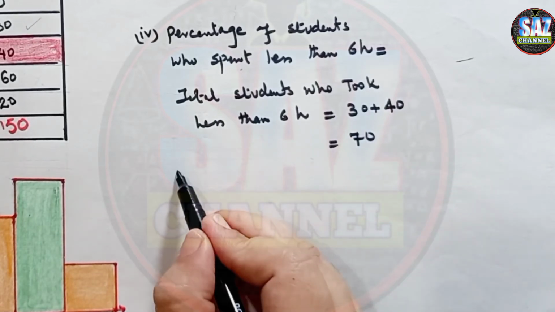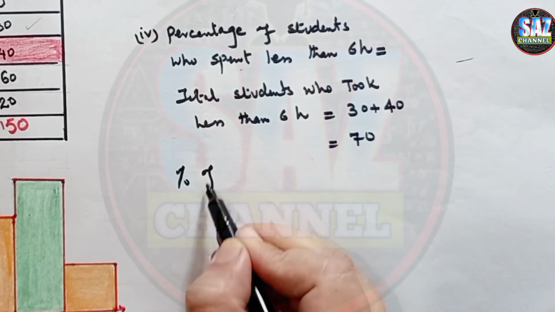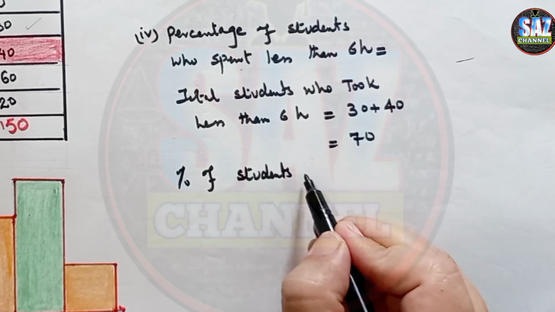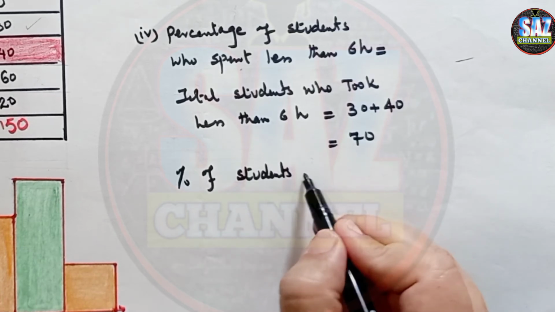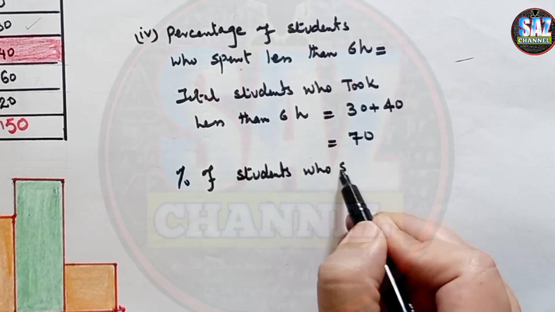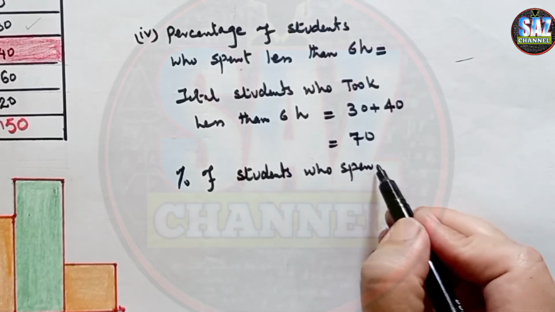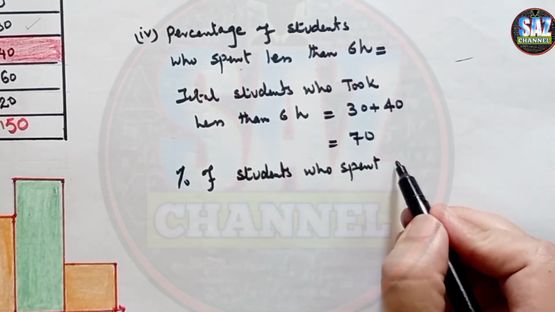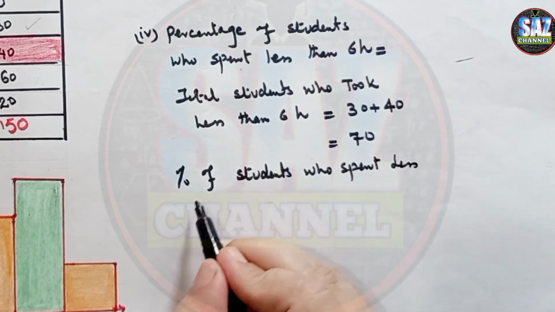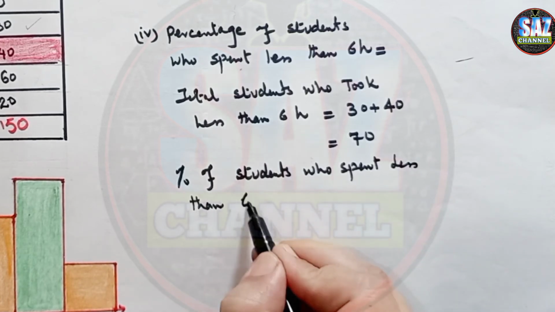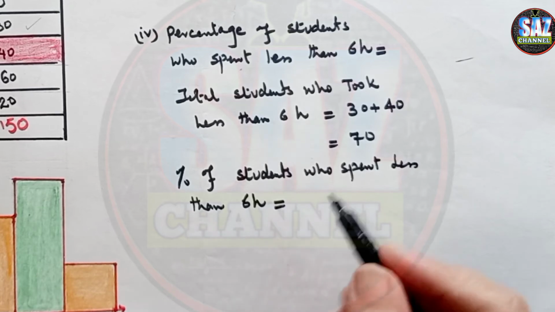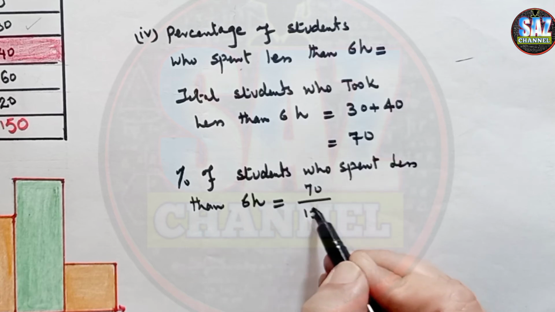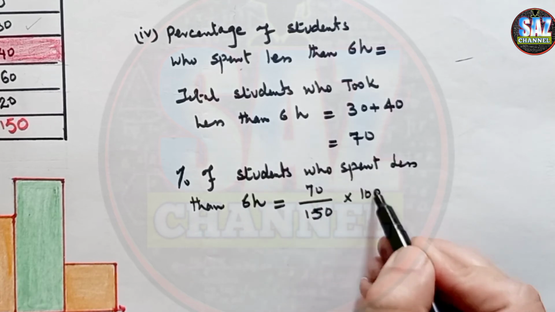And now we have to go for the percentage of students who spent less than 6 hours. The formula for the percentage is frequency upon total, that is 150, multiplied by 100%.